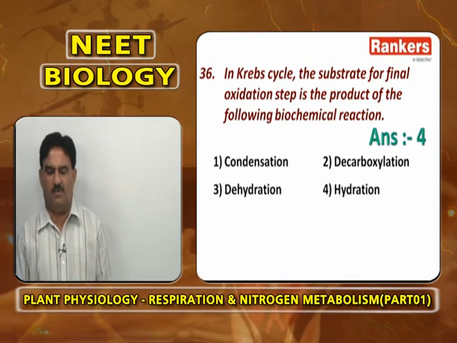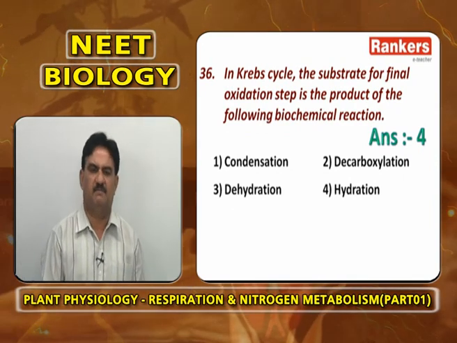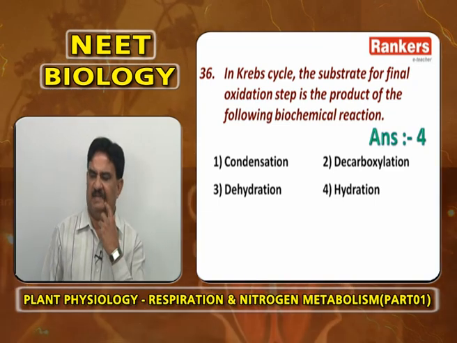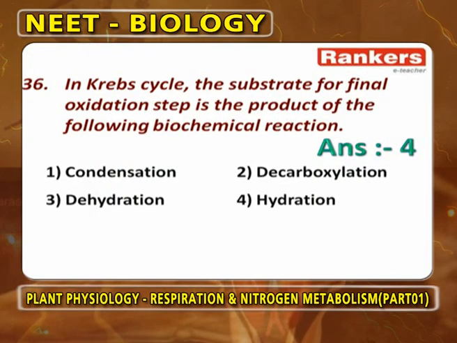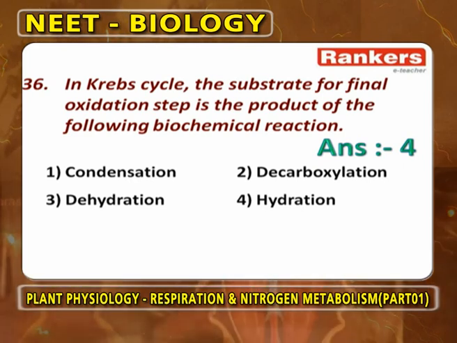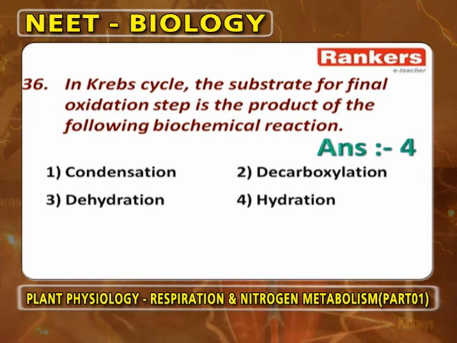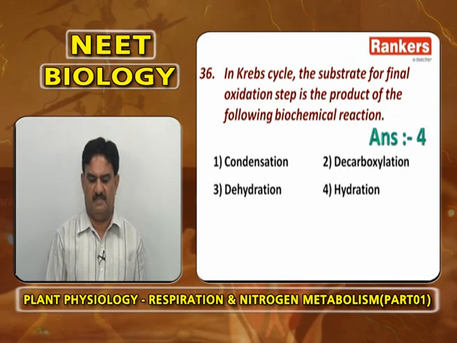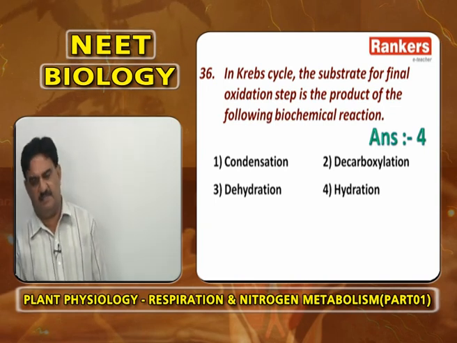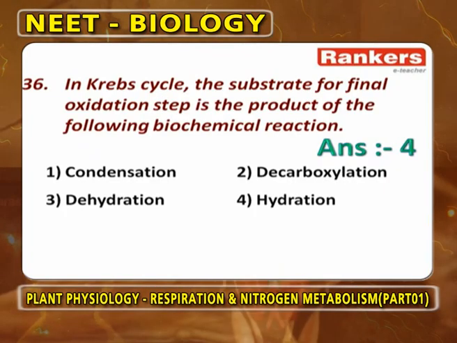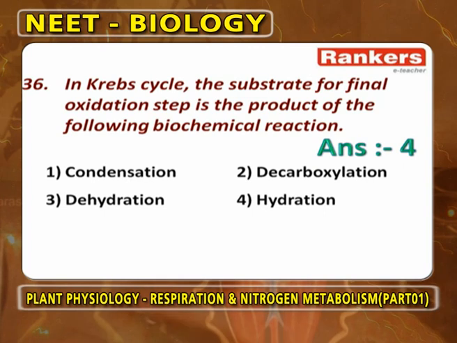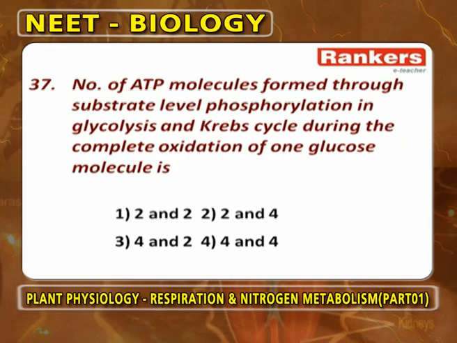What is the final one? Malic acid. How is this malic acid formed? By the hydration of fumaric acid. Whenever water is added to fumaric acid, it converts into malic acid. Malic acid undergoes oxidation and produces oxaloacetic acid, which combines with acetyl coenzyme A, and the process continues. So the answer is hydration, not condensation or decarboxylation, because by condensation citric acid is formed, by decarboxylation alpha ketoglutaric acid is formed, and by dehydration cis-aconitic acid is formed. So the answer is hydration, fourth one.